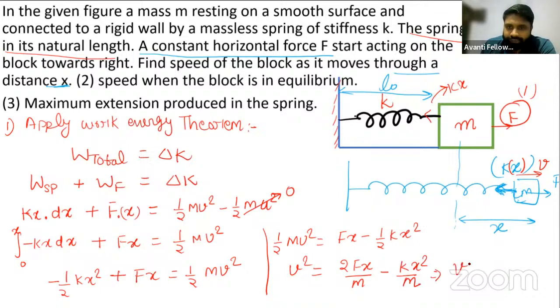Again, you can write it as v is equals to square root of 2fx by m minus kx square by m.